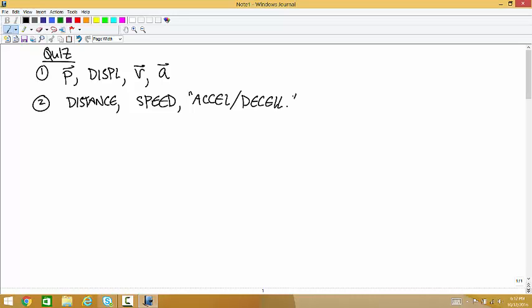And the other one that I was thinking of was time. A few people said mass or charge. If that was like the third one and everything else was right, I gave you credit for that. But we don't use mass or charge in kinematics, so these are really the answers for kinematics.